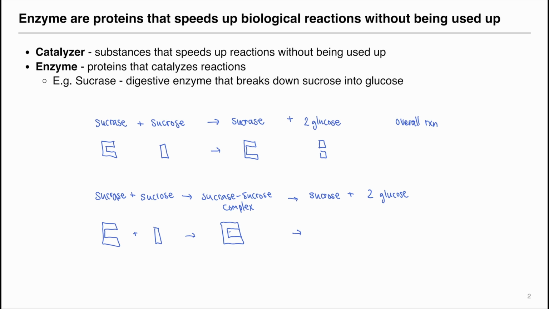It breaks apart in the middle so that the sucrase, the enzyme, is preserved, plus two glucose. And this is the mechanism. Of course, this is a simplified mechanism for how sucrase works, but this can be generalized to many enzymes.